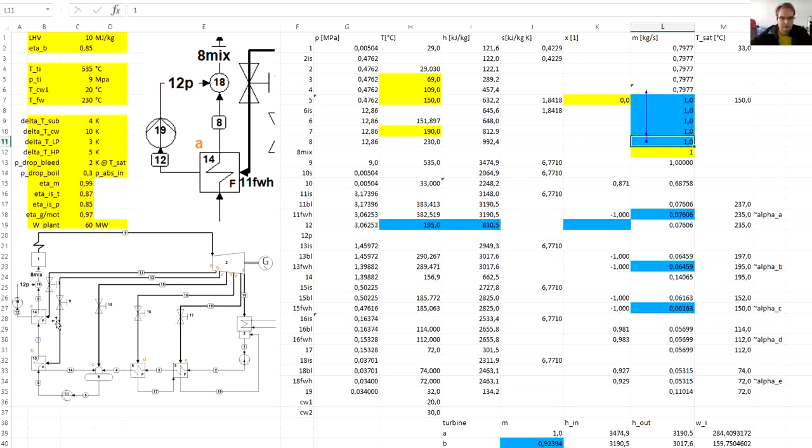Then to the points downstream, which is correct once we get the correct value here. And node number 4, as we can see from the function, is also based on the specific turbine bleeds, and it will be correct after we have this actual flow rate at the node number 8. So this is one part.